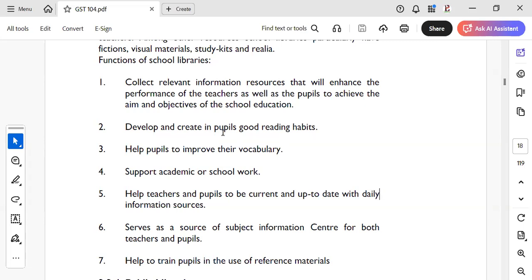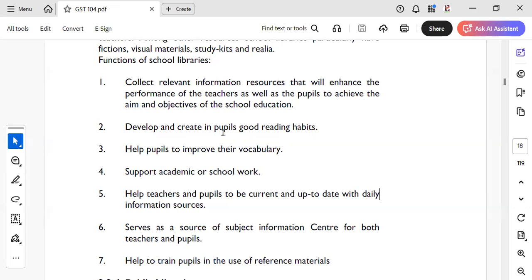Today a student visits the library, spends 1 hour there. Tomorrow, spends another hour. Before you know it, reading becomes part of the student. So the reading culture is created in school libraries. They may be visiting it for fun at the beginning, just to go and read stories.